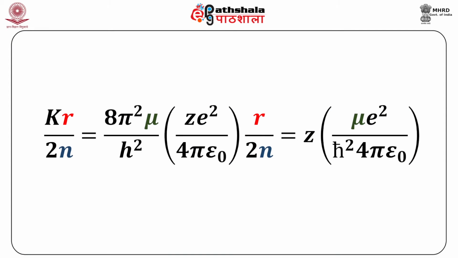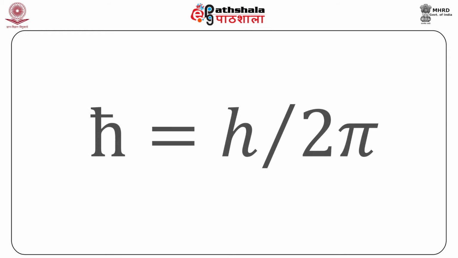term kr by 2n, we substitute here the values of the k, which is 8 pi square mu upon h square z square upon 4 pi epsilon 0 into r by 2n, and that basically simplifies to give you z into mu e square upon h square 4 pi epsilon 0, where h cross here is h upon 2 pi.